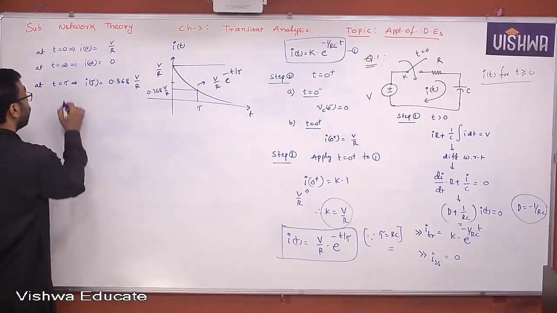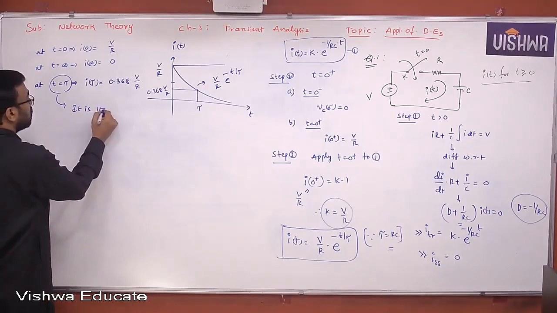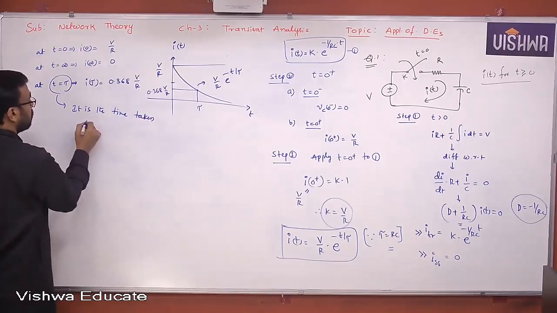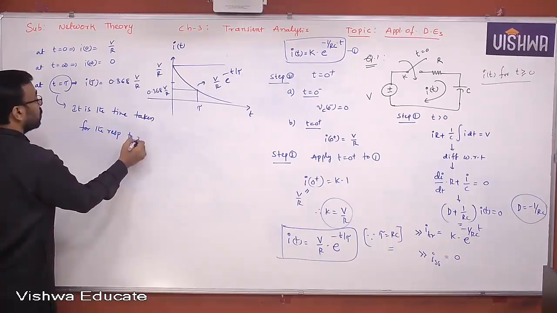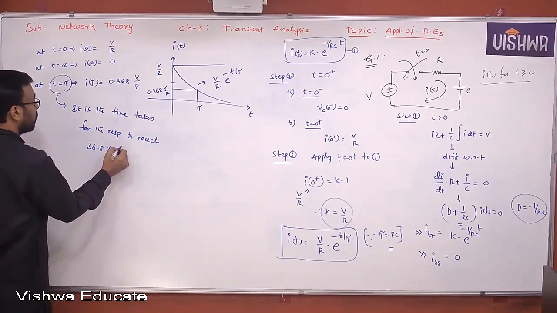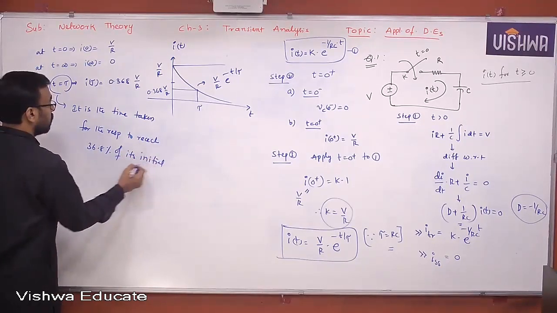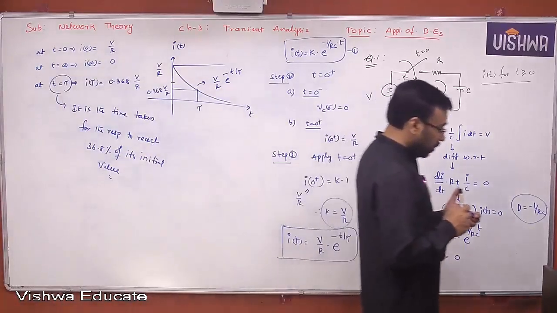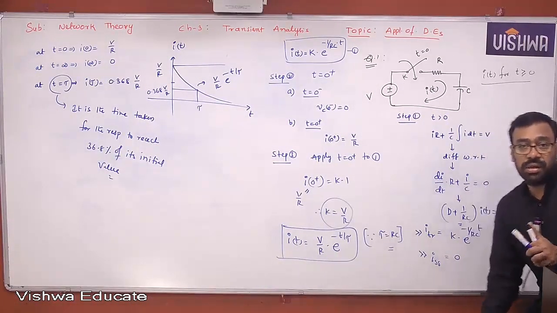The time constant is the time taken for the response to reach 36.8% of its initial value. Do you understand all of you? This is how you need to define it, and please note it down. I stop the session here and we'll discuss the remaining later.